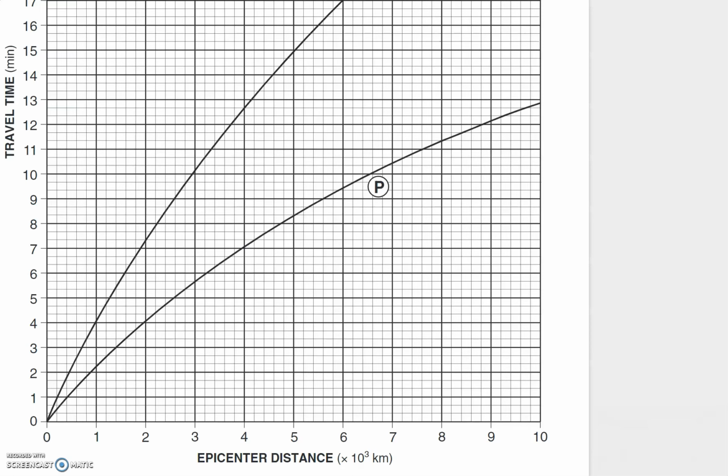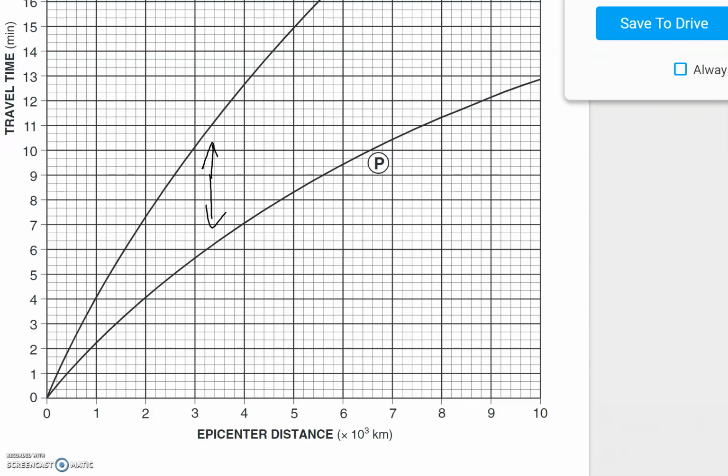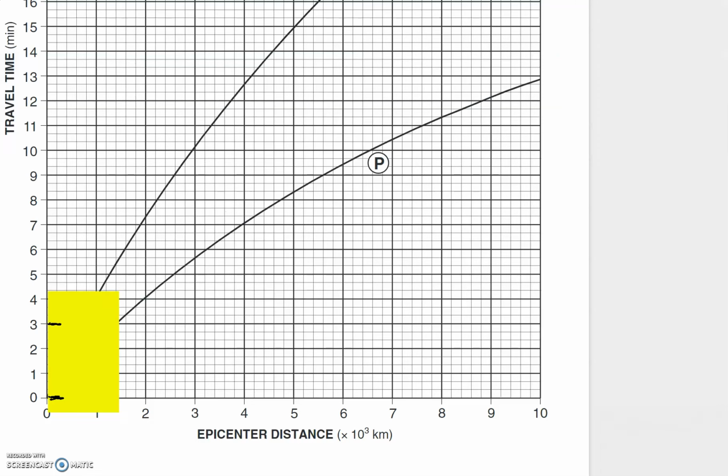This is our P and S wave chart. So we're looking to find out where the gap between P and S waves is 3 minutes. So how do we do that? Okay, let's grab some scrap. Here we see page 11, P and S wave travel time chart.